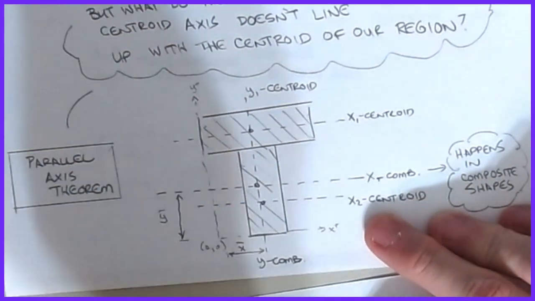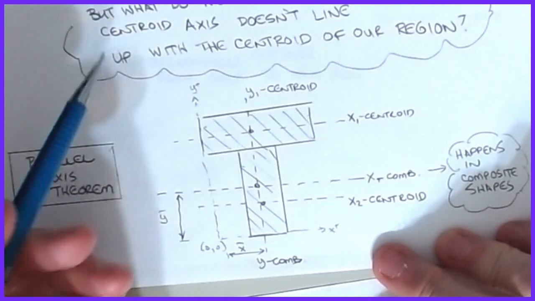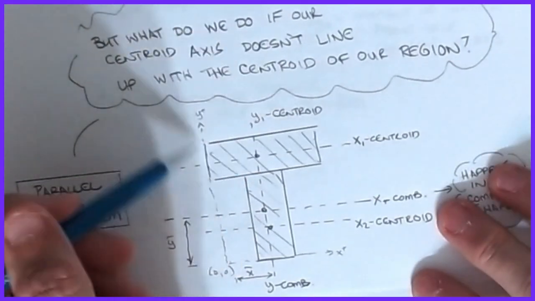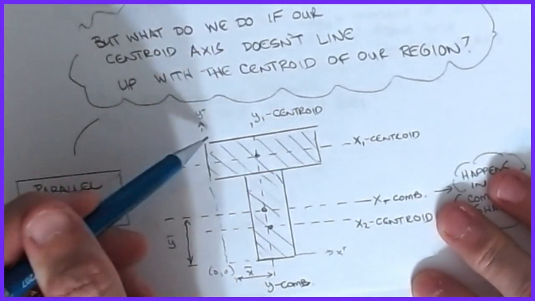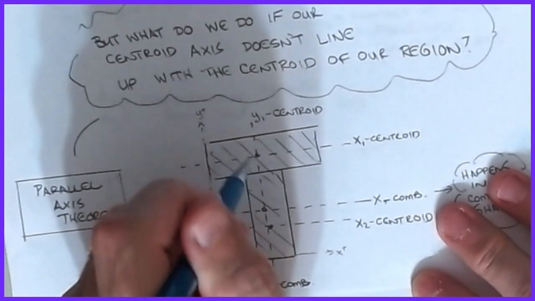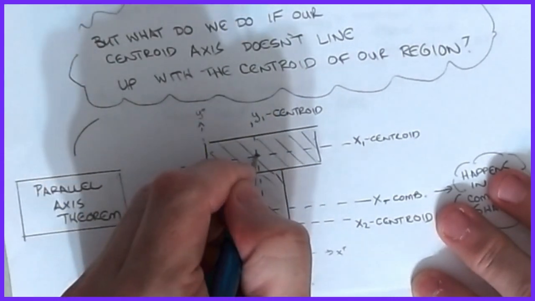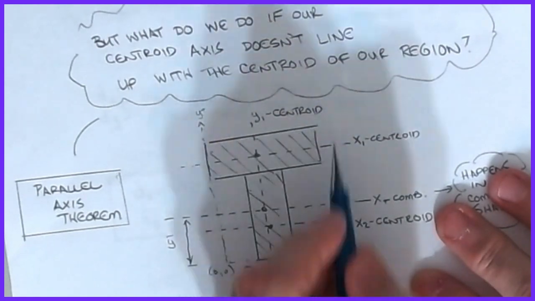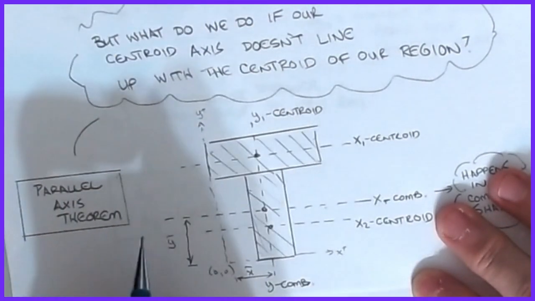And then this here would be my x bar for the combined region. Okay, what happens is that if you do your moment of inertia calculation like we just did earlier, I can handle finding the moment of inertia of this rectangle, right? It was taken about its own centroid, the centroid of the area that you're talking about. The problem is that centroid is not the same as the combined centroid of this combined T cross section.